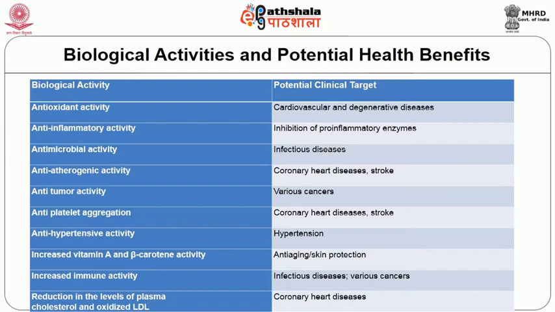Olive oil finally has the ability to reduce cholesterol and LDL in the plasma levels and therefore can prevent coronary heart diseases. So, you must have seen olive oil has a very high antioxidant activity and in fact it can have a broad spectrum of preventive actions against various disorders.